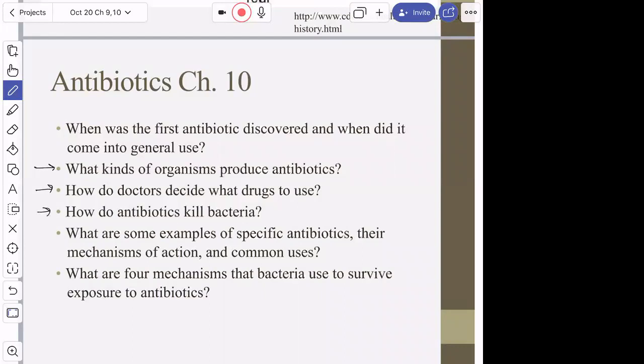What they target is what we're going to spend a lot of time on, what we call the mechanism of action, how antibiotics work. What do they target in bacterial cells? And then we're going to run through about 15 different antibiotics and look at them in a little bit more detail. So the reading in your book for this chapter is not very long.